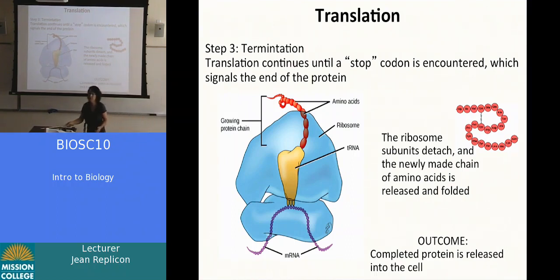If you remember from the chemistry chapter way back, they might be wound around in a helix or folded into sheets and then folded again. They might even have quaternary structures, other pieces that are put together. The folding happens according to what amino acids the chain is composed of and attractions that might occur between the different amino acids. So that gets folded, and the result is that we have a complete protein that is released into the cell.